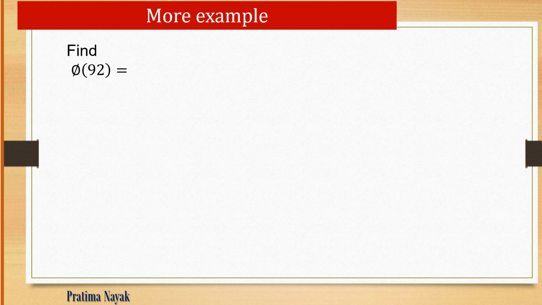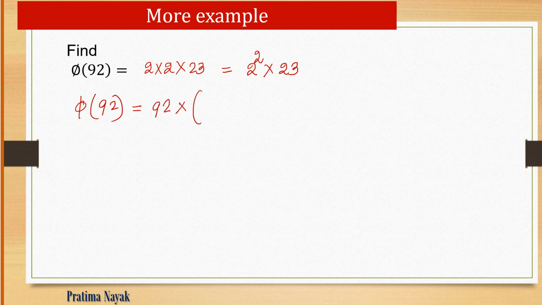So let us find for ourselves. Find phi of 92. I can write 92 in terms of factors. 92 is 2 multiplied by 2, 4, multiplied by 23. So this will be 2 power 2 into 23, so there are only p1 and p2. So phi of 92 equals 92, that is n, multiplied by 1 minus 1 over 2, multiplied by 1 minus 1 over 23.